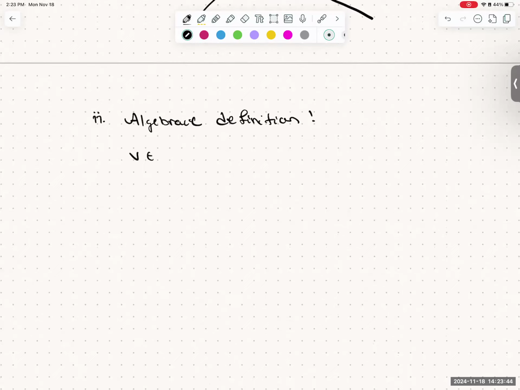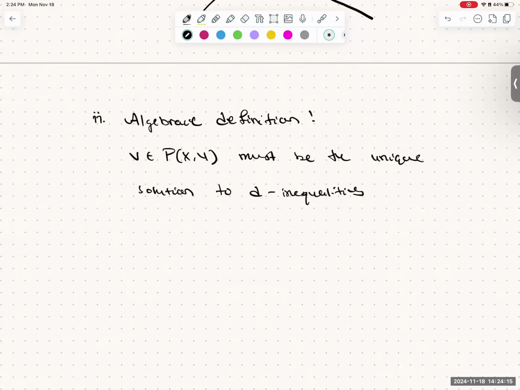V in PXY, if it's going to be a vertex, it must be the unique solution to D inequalities satisfied with equality.